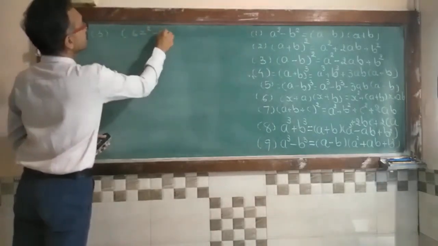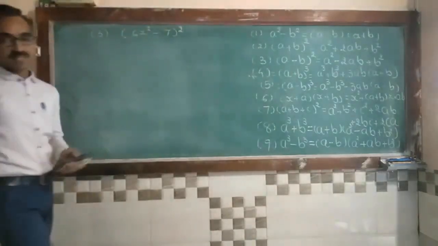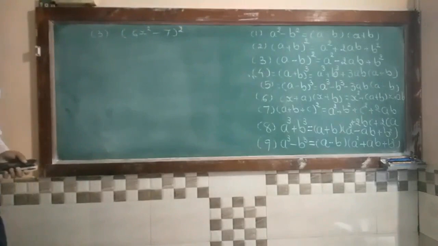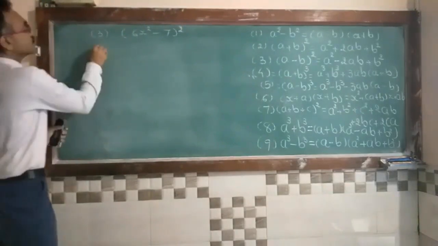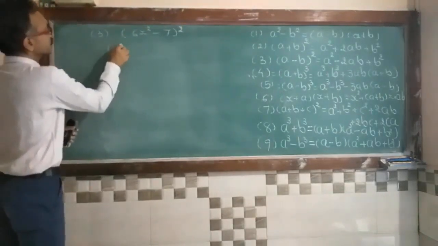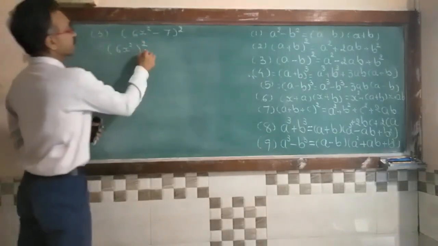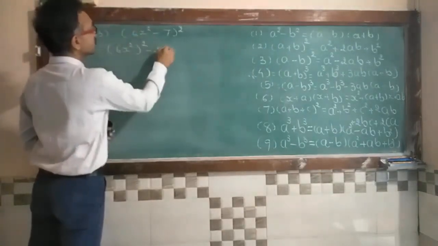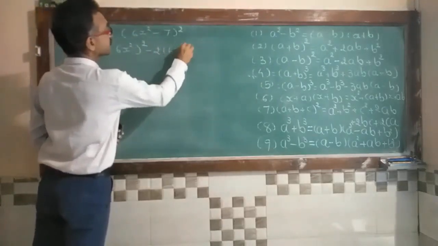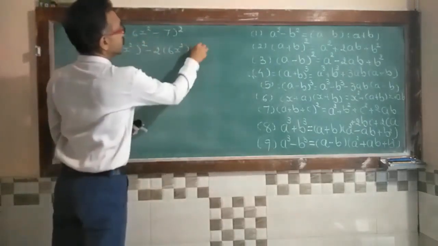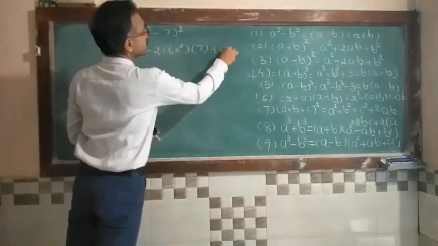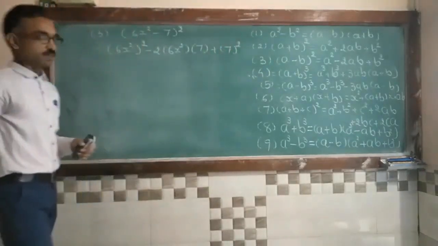Suppose you are given 6x square minus 7 whole raised to square. So the answer is 6x square whole raised to square minus 2 into 6x square into 7 plus 7 square.